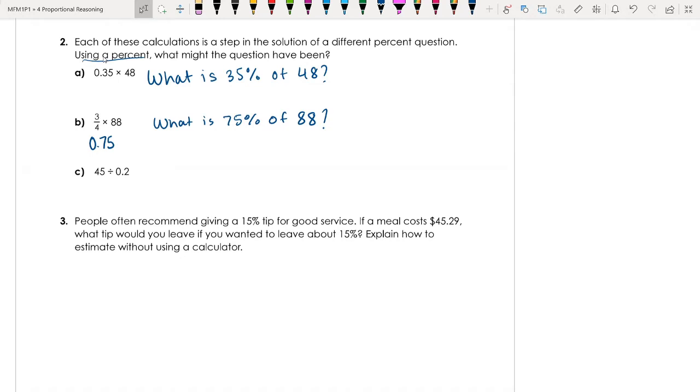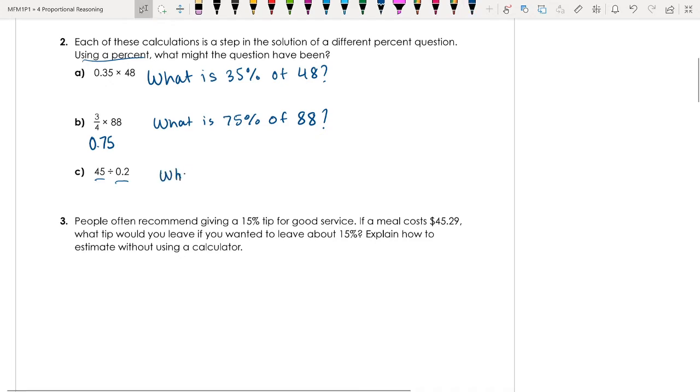Now what about the case in which we divide a number by the percent as a decimal? When we're doing that, we are trying to find the base. We know the amount, and the question that we're being asked to answer is what is 45 20% of?